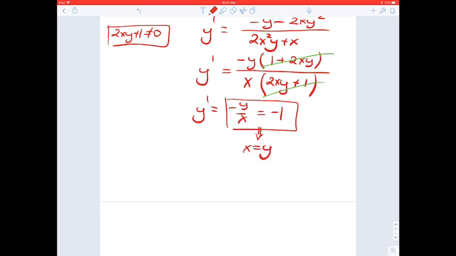That means the points that lie on the curve and have the same x and y coordinates are the points where the tangent line has slope -1. Okay, that's the slope of the tangent.